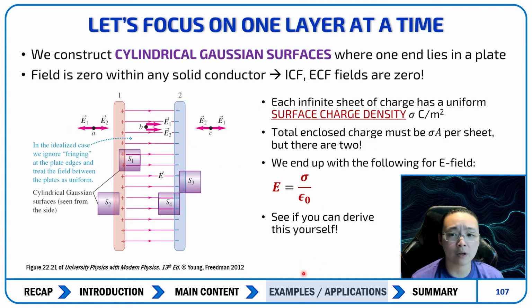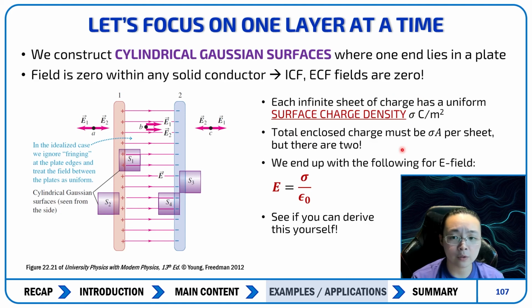So if we focus on one layer at a time, we can actually construct multiple cylindrical Gaussian surfaces where one end lies in a plate and the other end lies outside. The field is going to be zero within any conductor, so this is 0 and this is 0. And each infinite sheet of charge is going to have a uniform surface charge density sigma.